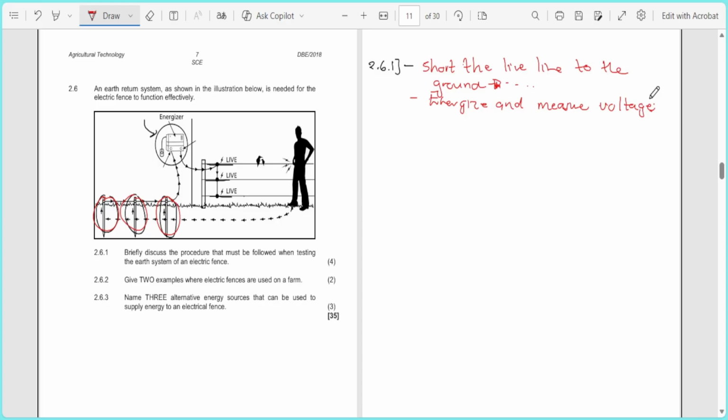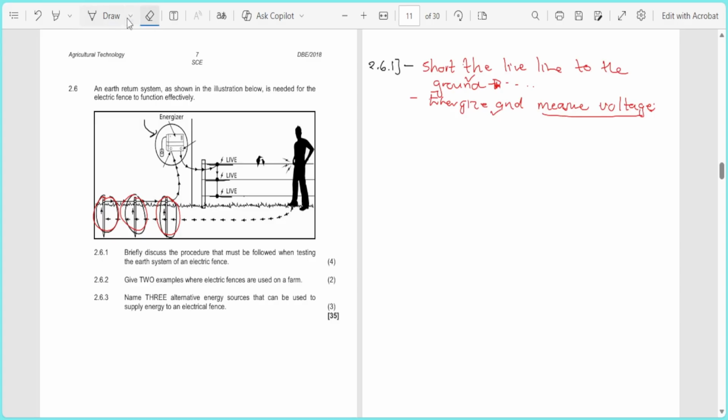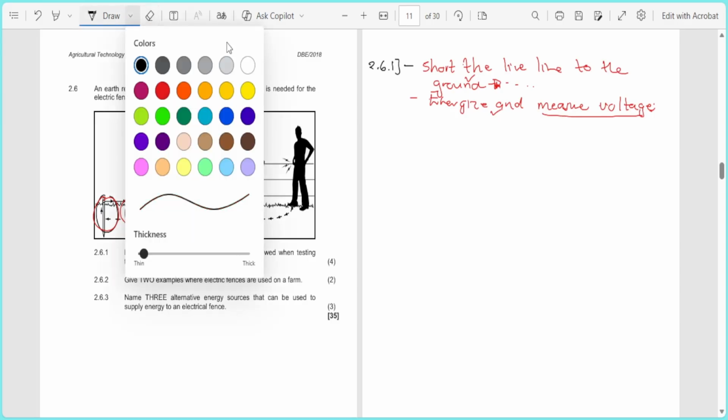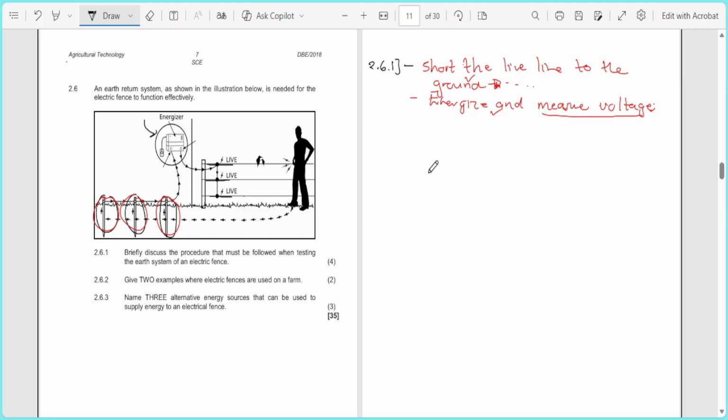A voltage reading greater than 200 volts would indicate high resistance, meaning that the earth system cannot safely dissipate charge, leading to poor fence performance and shock risks. Something like that. But we start off by grounding, then we energize and measure the voltage. That is the procedure required to have an effective testing of the earth system.